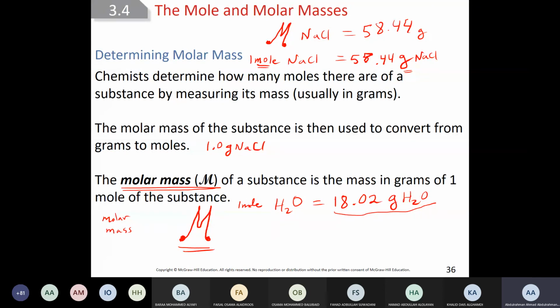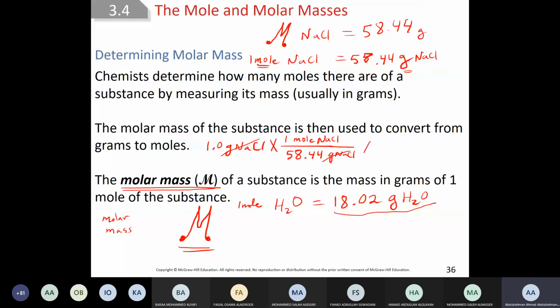If I have 1.0 gram of NaCl, can you change this to moles? Yes. How? I multiply by 1 mole over 58.44 gram NaCl. Why did I use the molar mass? Because you want the grams. Good.